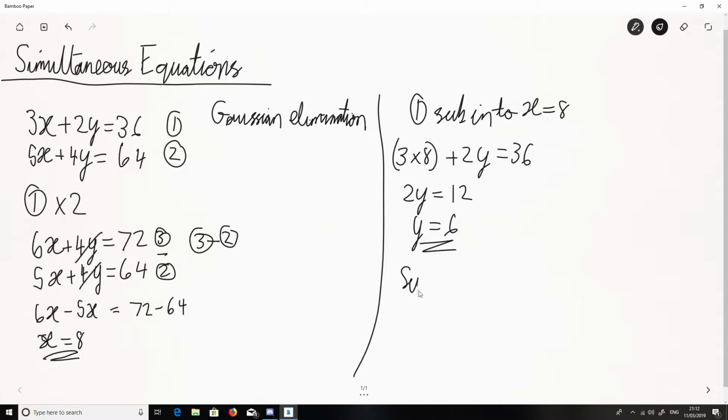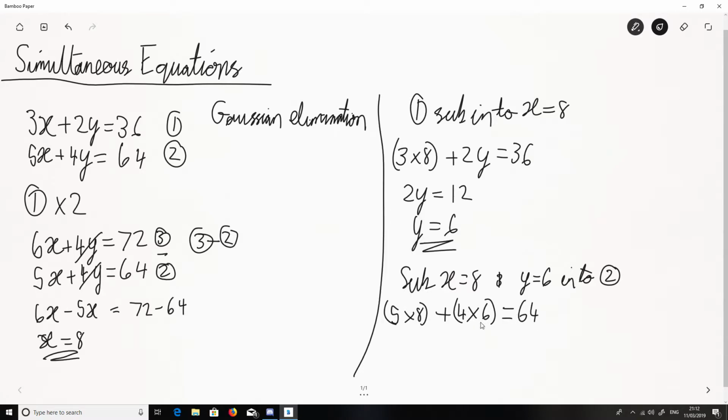So we sub x equals 8 and y equals 6 into equation 2. This is 5 times 8 plus 4 times 6, which should be equal to 64.